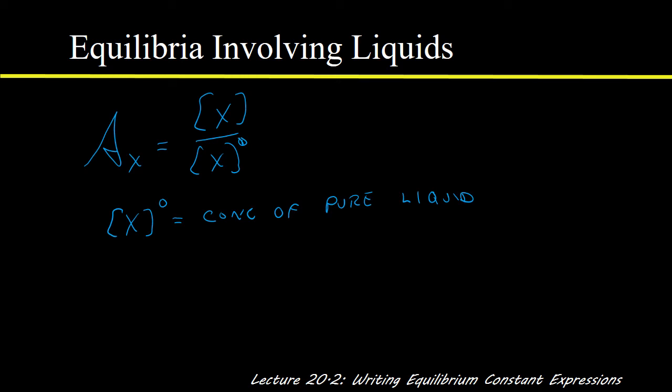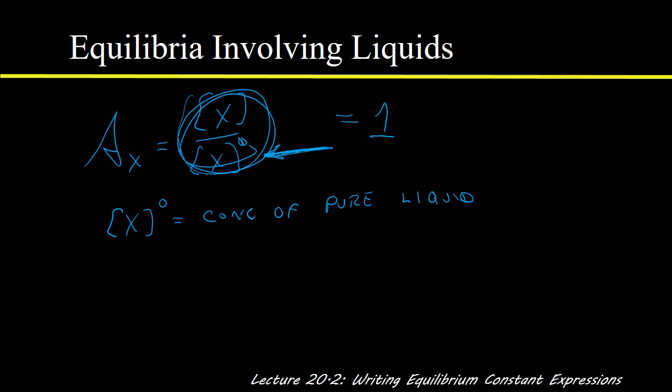The standard state concentration of a liquid is just the concentration of that pure liquid. So as long as any liquids in your chemical equation are pure liquids, then this whole thing is just going to be a 1, exactly as it was for solids.